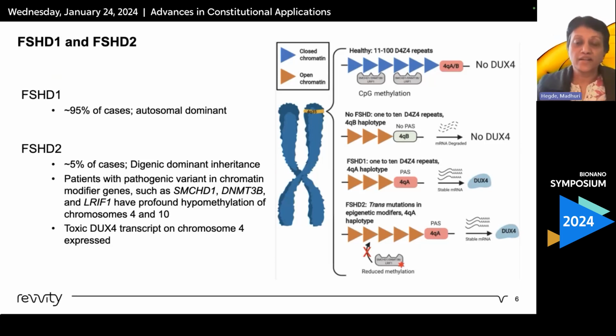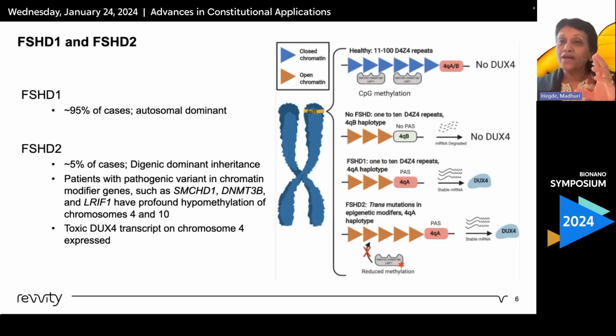thereby the clinical presentation. Now, this is on chromosome 4, and there are two alleles, 4QA and 4QB. The D4Z4 repeats also have a homologous sequence on chromosome 10. So now you're starting to see the complex picture here.